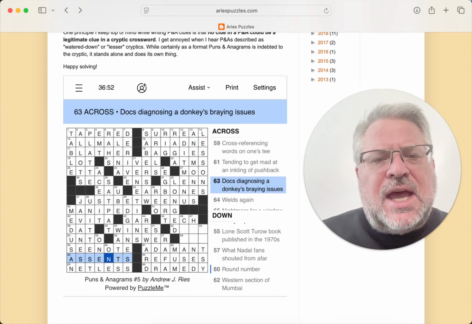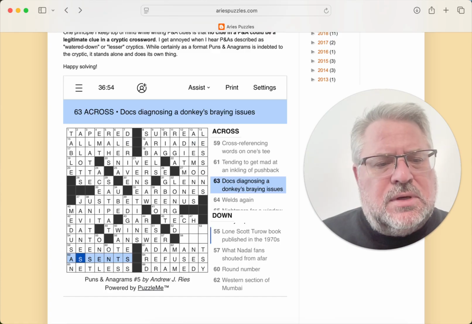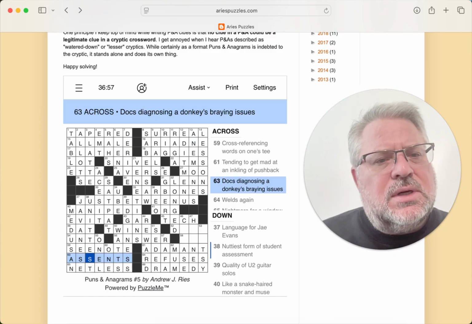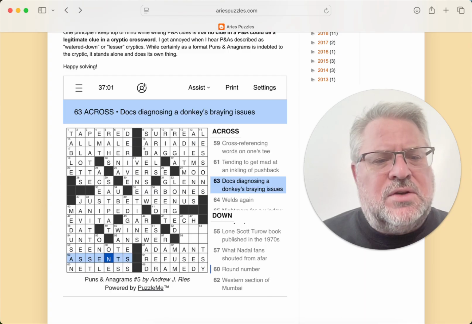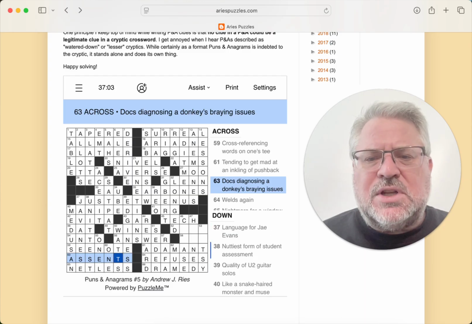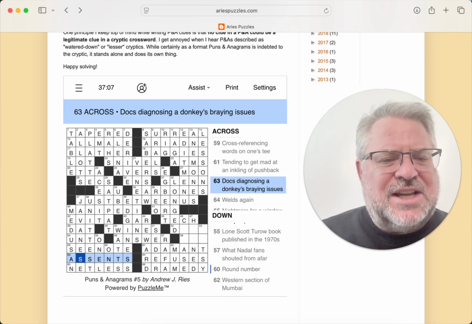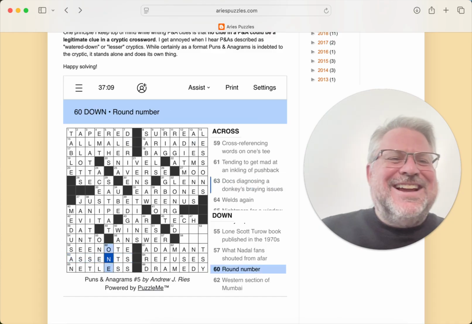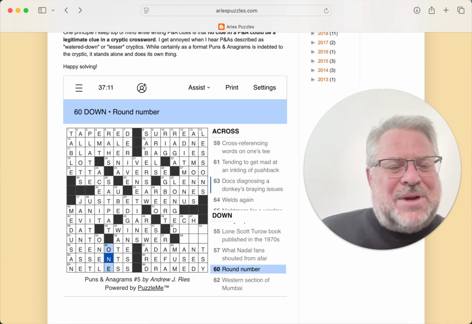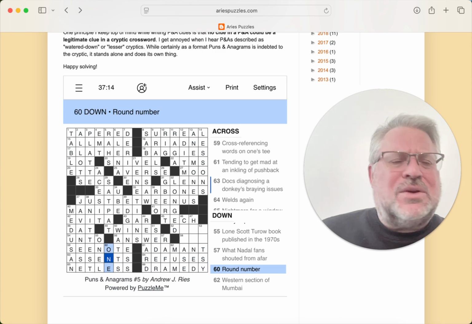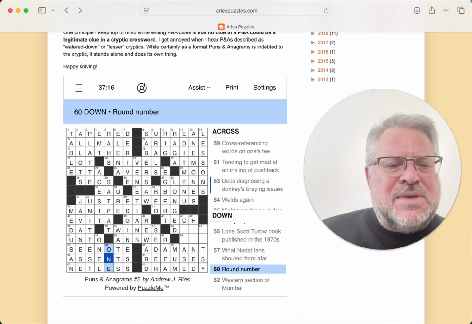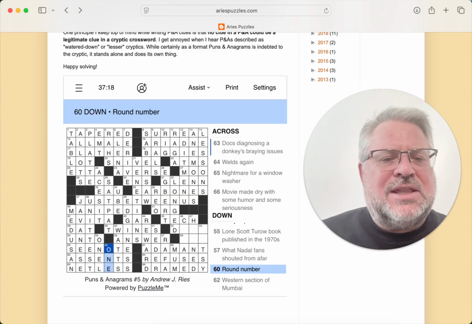Oh, if a donkey had braying issues, you might take him to an ear, nose, and throat doctor. But because he is a donkey, you would have to take him to one of the doctors who specialize in donkeys' brain issues, who are ass-ents. Okay. And round number, I guess 1 is just a round number. Round 1, I may be missing something there, but I think that works.